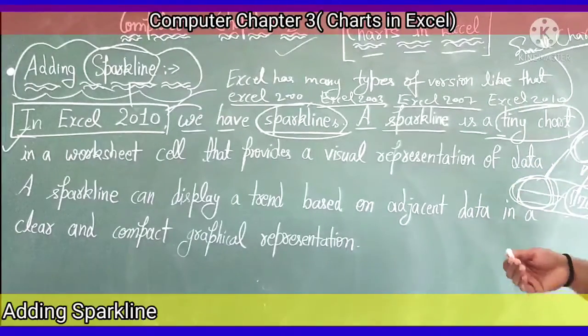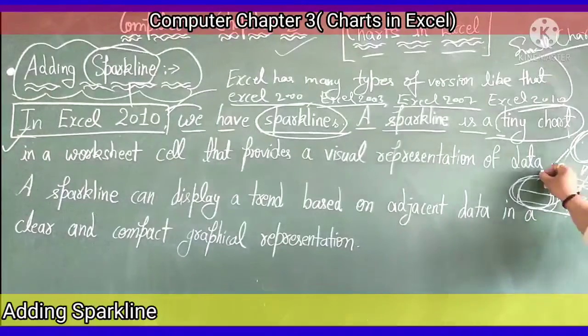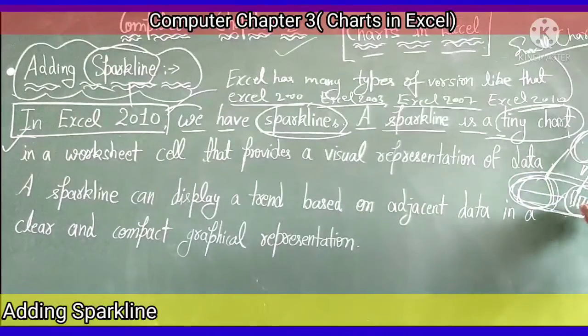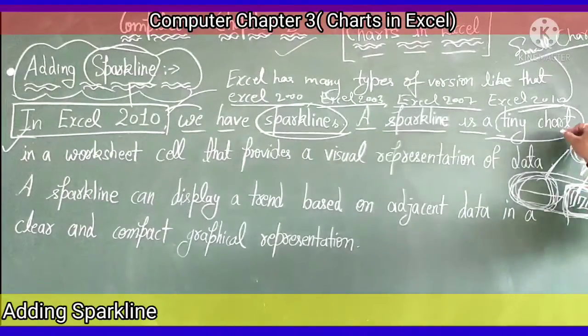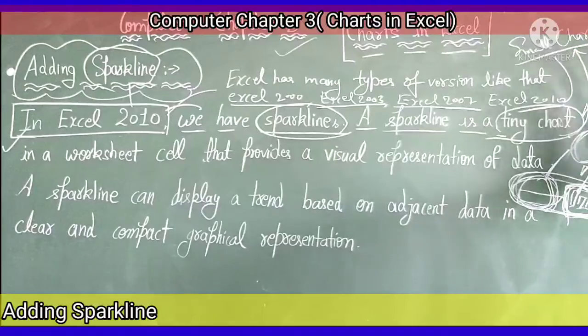But here both come in the Excel program. You manage your data series, and in one Excel sheet you can also do that sparkline. This is called the tiny chart, small chart.